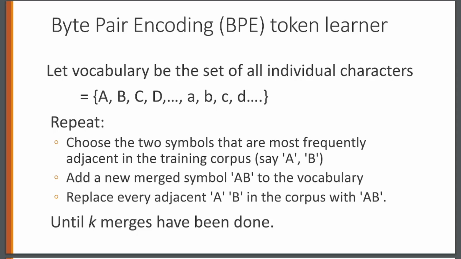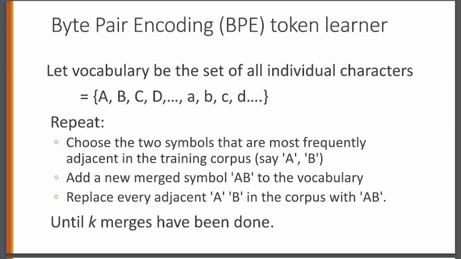For instance, A and B might appear most frequently together in our training corpus, and we're going to add a new merged symbol to our vocabulary. And then go through our training corpus and replace every occurrence of the two old symbols, A and B, which appear adjacently to one another, with our new symbol, AB.